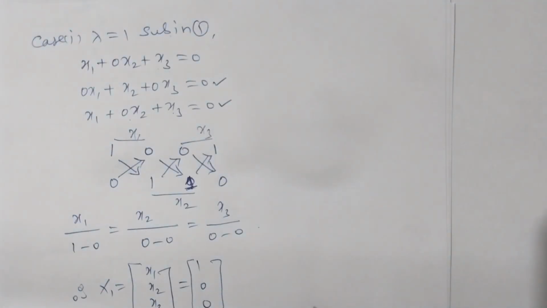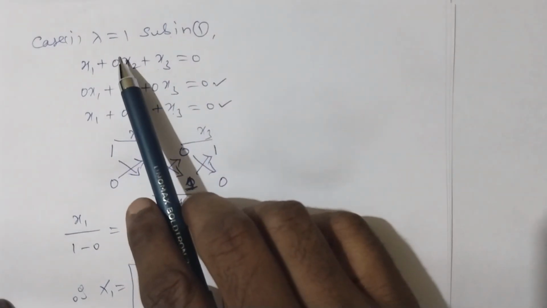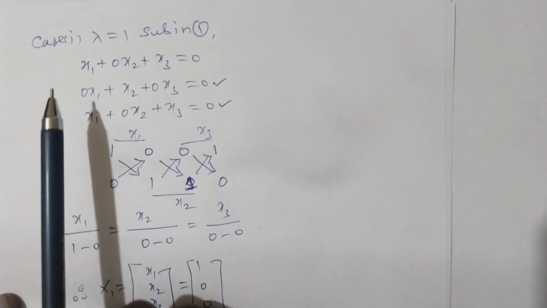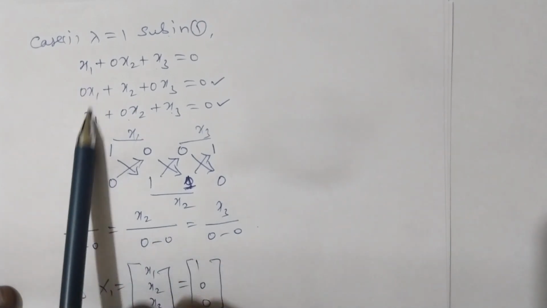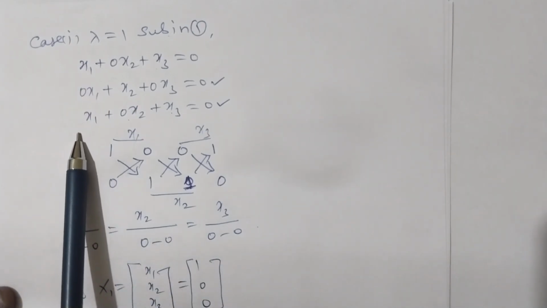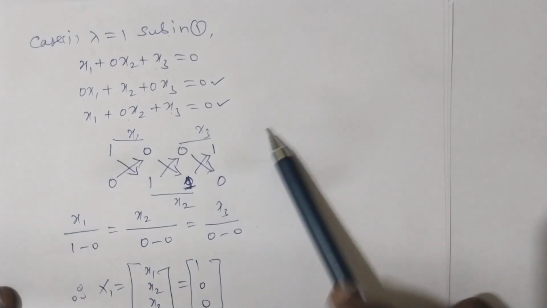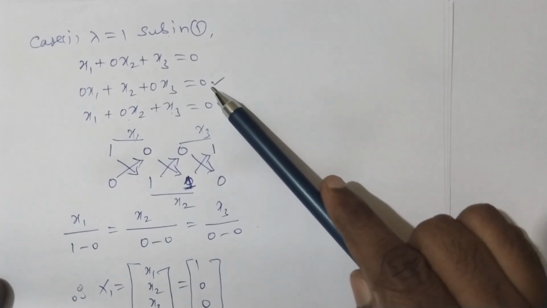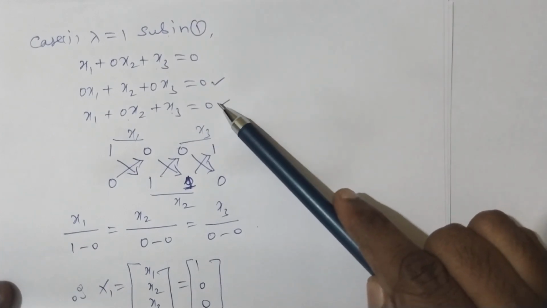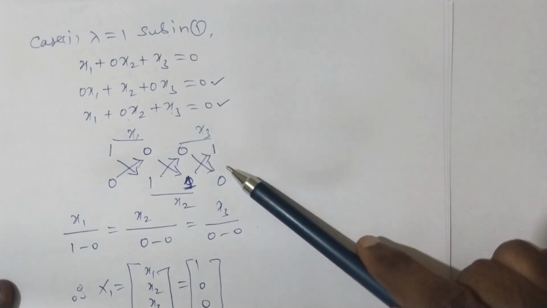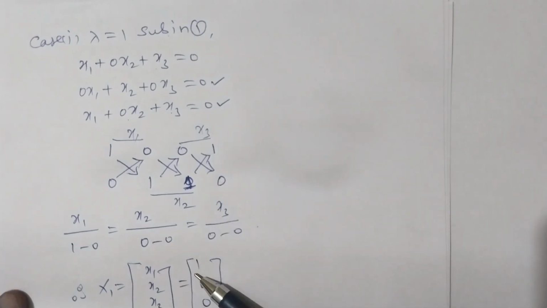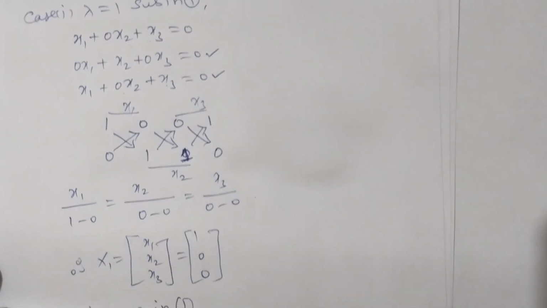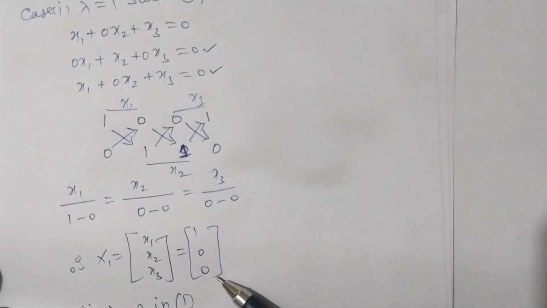Next we find the first eigenvector. Case number 1, we take lambda is equal to 1 and substitute in equation number 1. So we get 3 equations. In these 3 equations, you select any 2 distinct equations. The second equation and the third equation are distinct, so we select the second and third. After that, using the cross product rule, we get the first eigenvector 1 0 0.